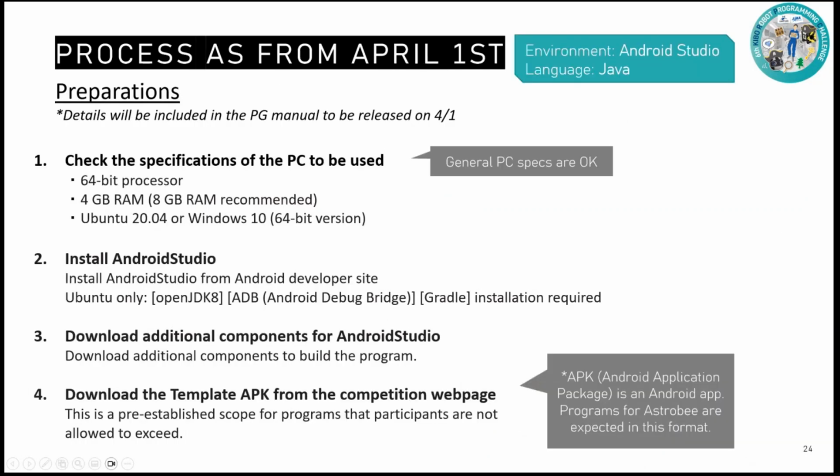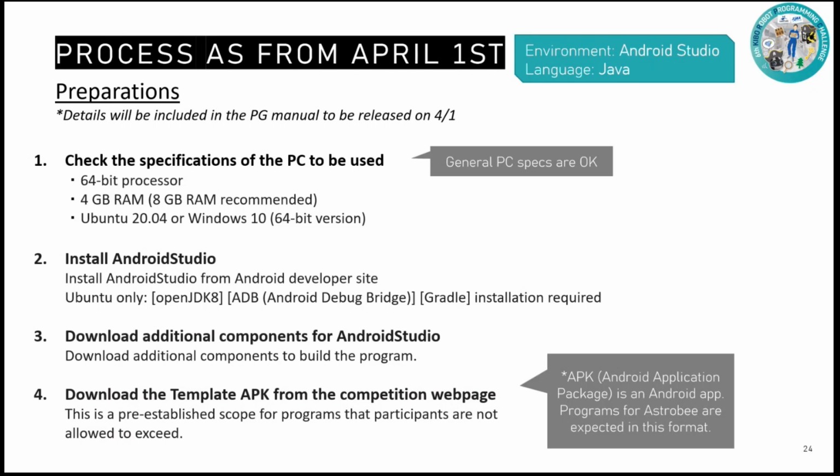So now I will briefly explain the process after the simulator opens on April 1st. This information will also be included in the programming manual, so you can check all of it there. You have more details. It will be available on April 1st as well.